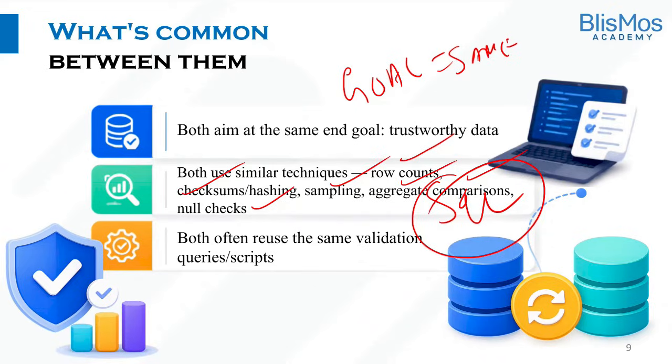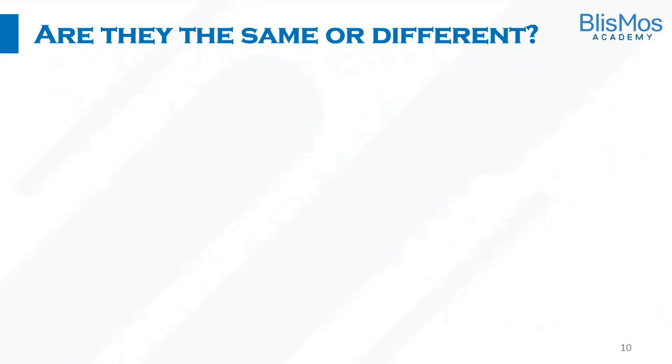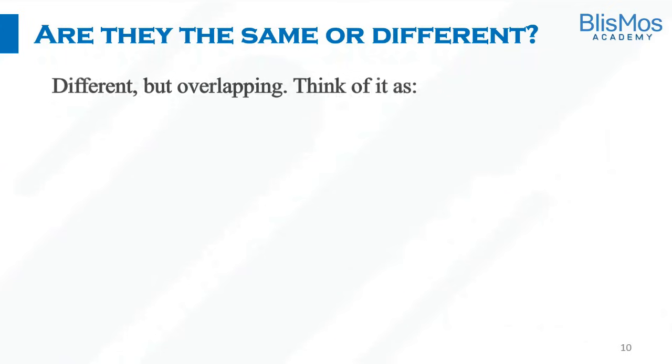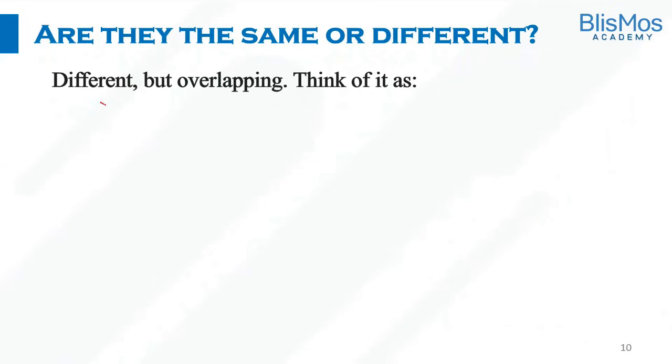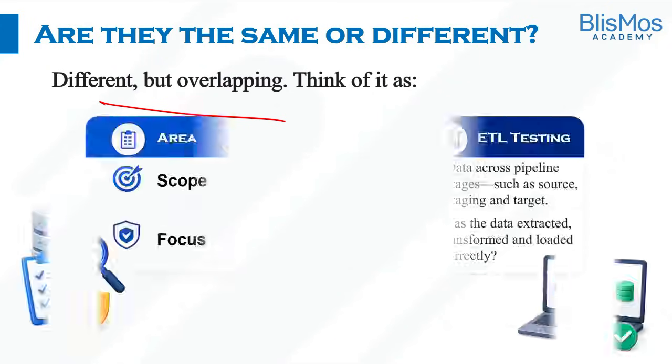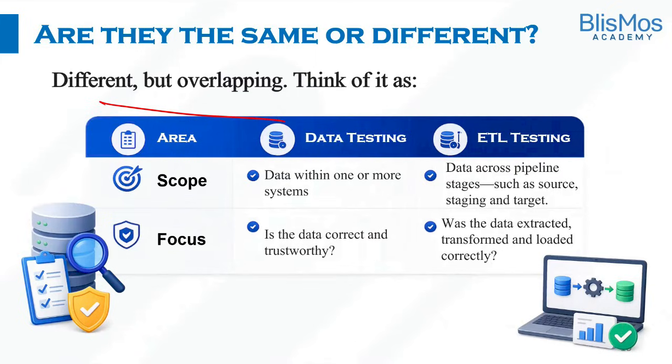We understood what is common between them. So the question is, are they the same or different? The answer is different but overlapping. So let us look at them from the scope dimension and focus dimension. The scope of data testing is whether the data within one or more systems is correct or not.